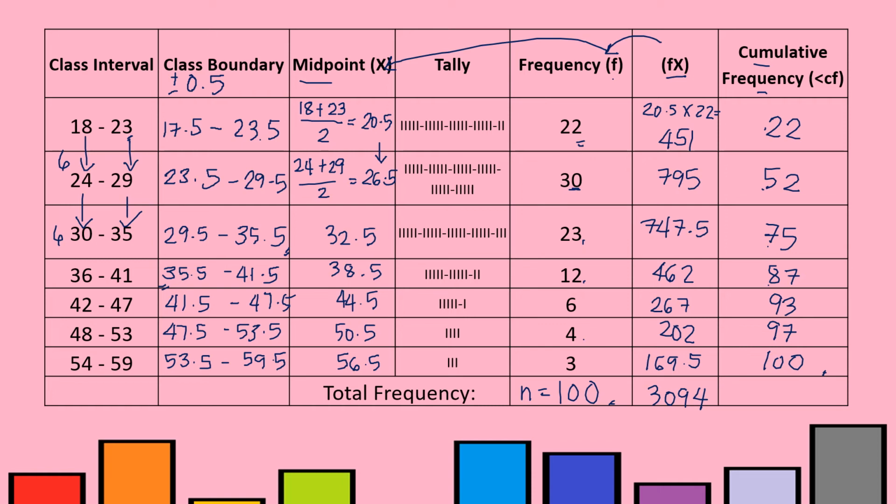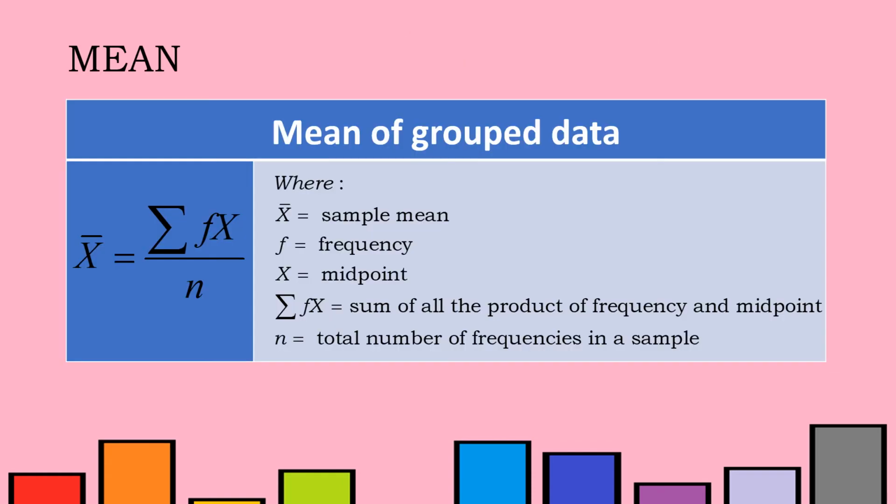Okay? The formula for the mean of grouped data is x bar equals the summation of f of x, that's why we earlier multiplied the fx, divided by the n.